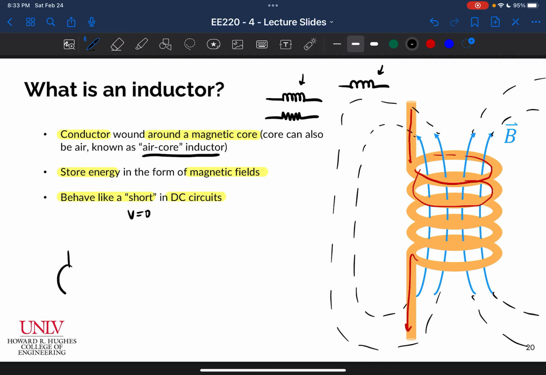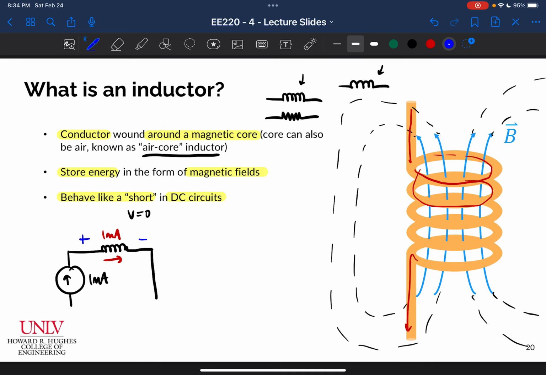I mean, quite literally, it's a wire. And so if I have a circuit and I have an inductor here, and let me make this a current source, say 1 milliamp is flowing through my inductor. For a resistor, we know that there has to be some voltage drop associated with that current, right? Because V is equal to IR. If we have some resistance and some current, then we definitely would have some voltage drop across the resistor.